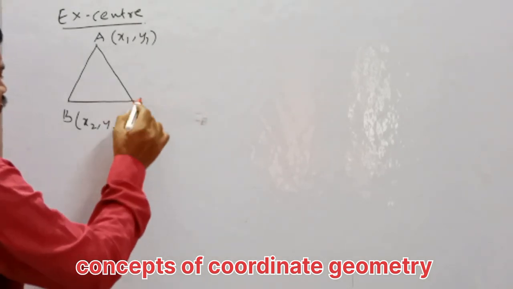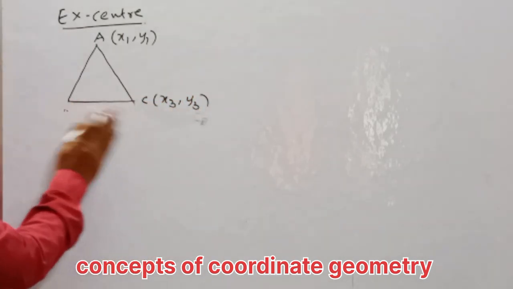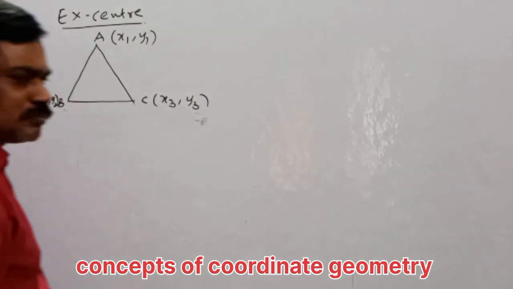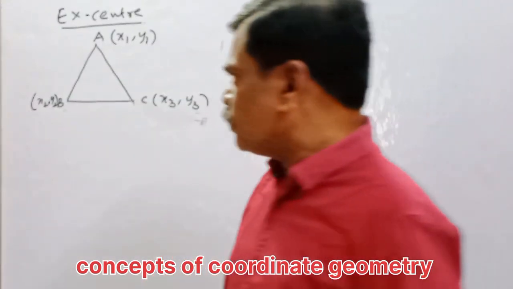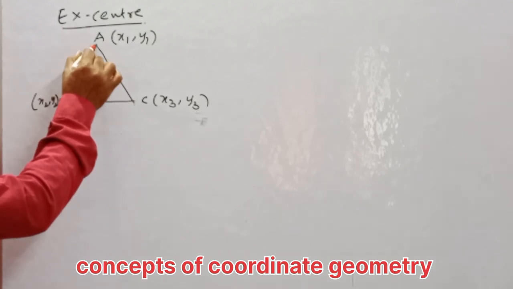You write this is C, x3, y3, and this is B, x2, y2.